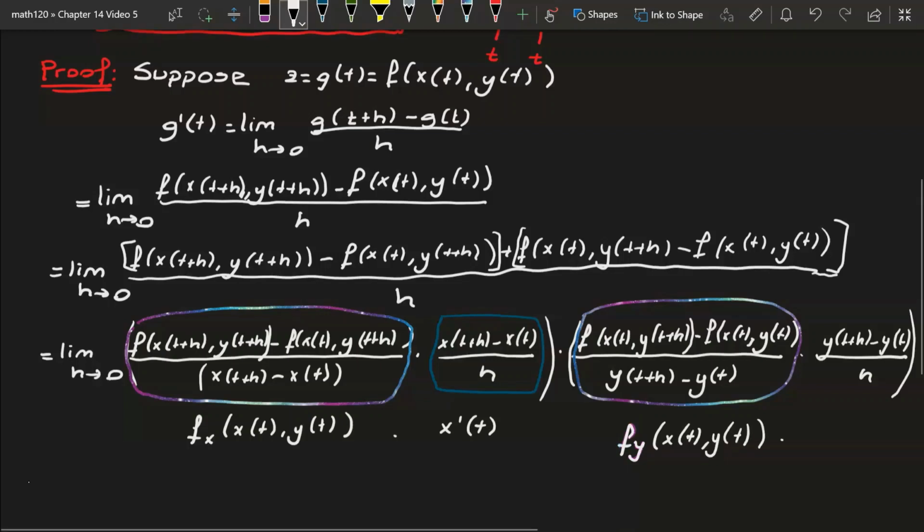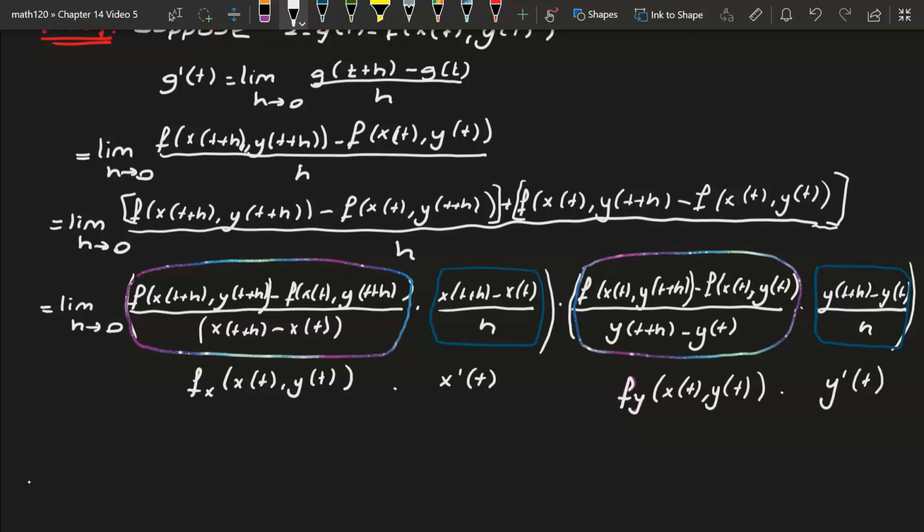And here we have the derivative of y with respect to t, y prime of t. So we got del z over del x times dx over dt plus del z over del y times dy over dt. This is the end of the proof. Okay?